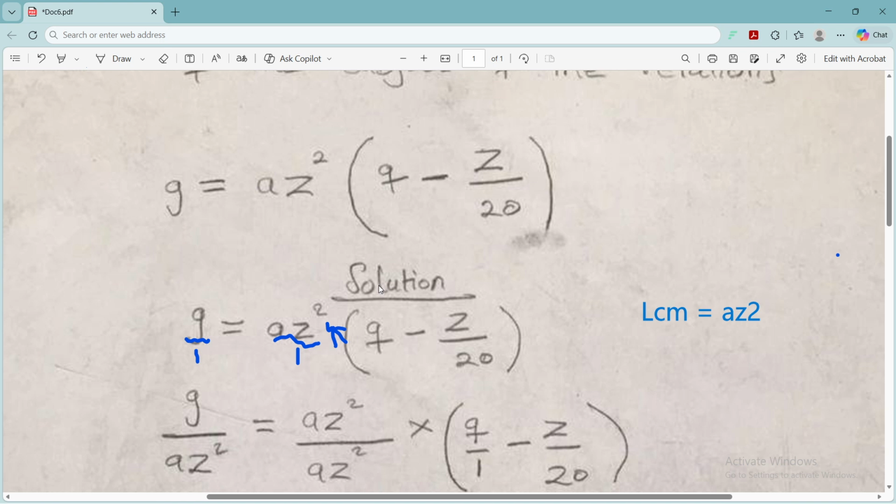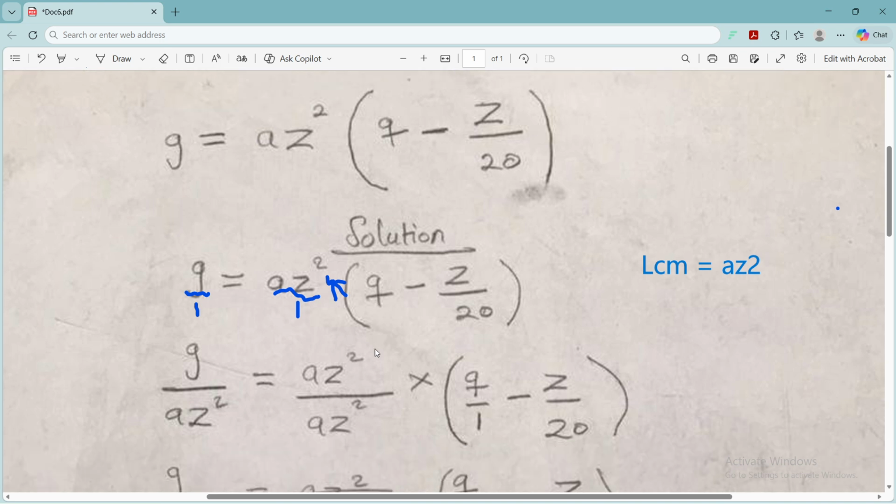So our new fraction is j divided by az square equals the fraction az square divided by az square, in brackets, the fraction q divided by 1, because every number is divisible by 1, minus the fraction z divided by 20.